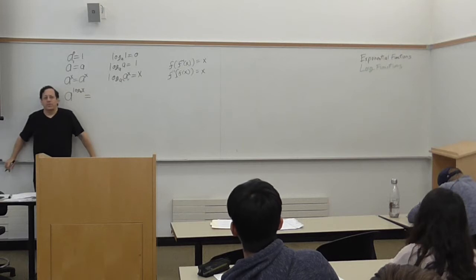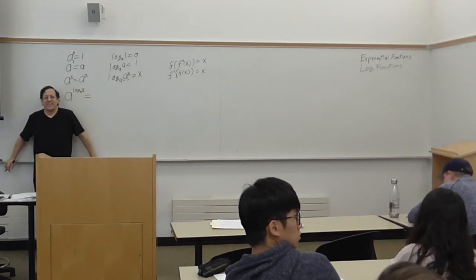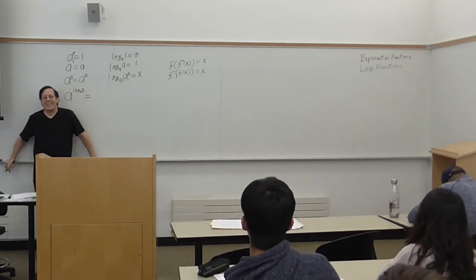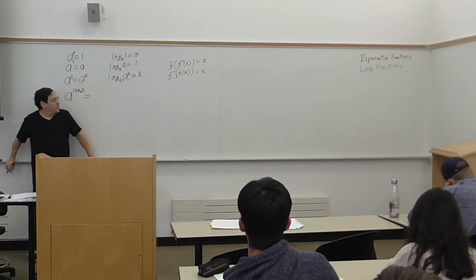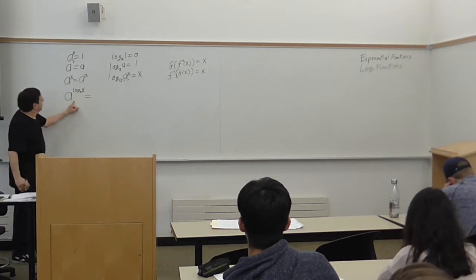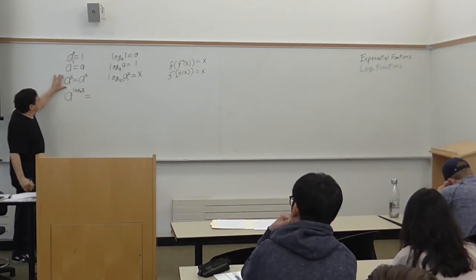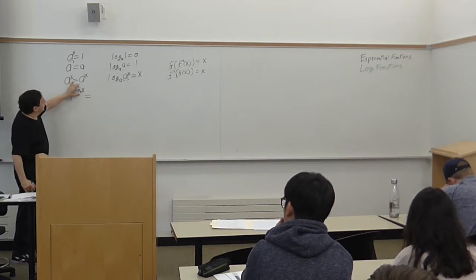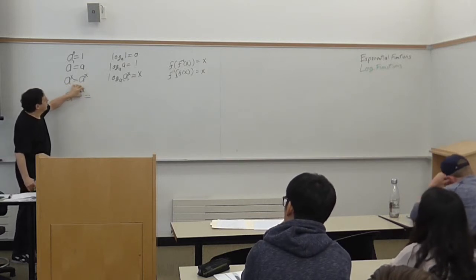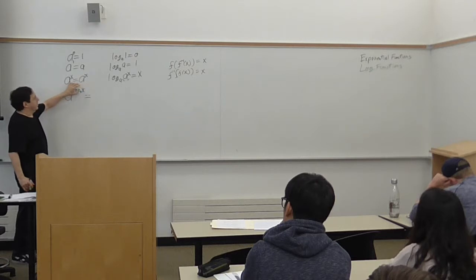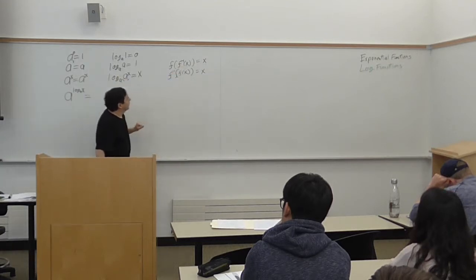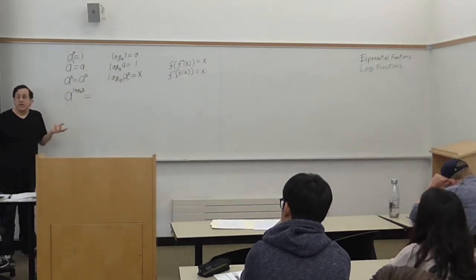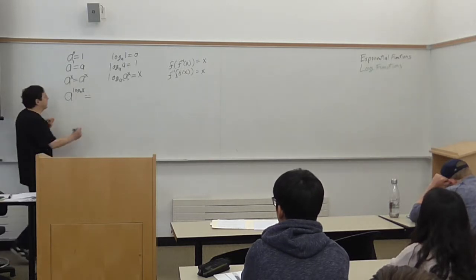What am I doing here? I have a function log to the base a of x. I'm taking the result of that, the inverse function, plugging it into the original function. That's what I was doing here. What do I get? You get x, yeah.